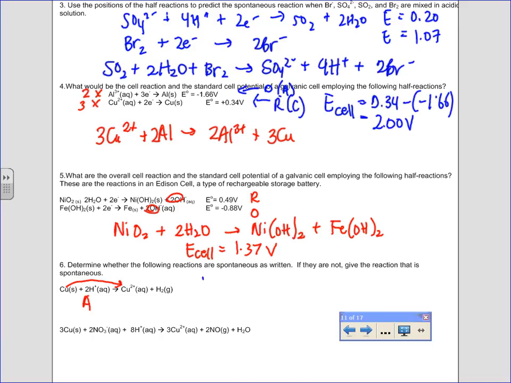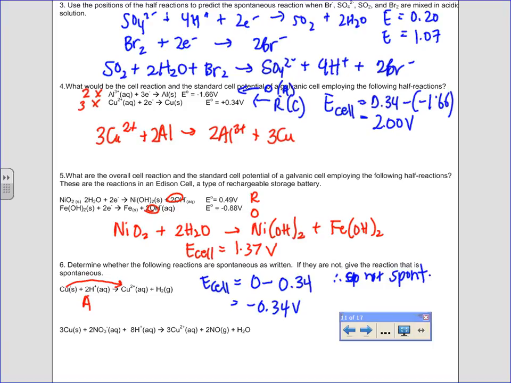So when you find the cell potential, we're going to take the hydrogen electrode, which is 0, and subtract the copper reduction potential, which is 0.34. And so in this case, we have a cell potential of negative 0.34. Okay, it's less than 0. So the reaction is not spontaneous.